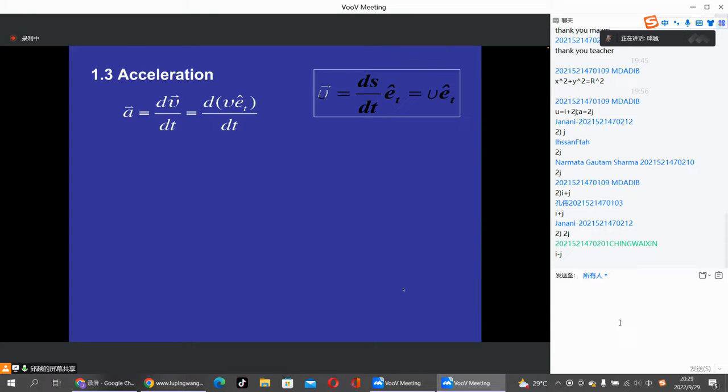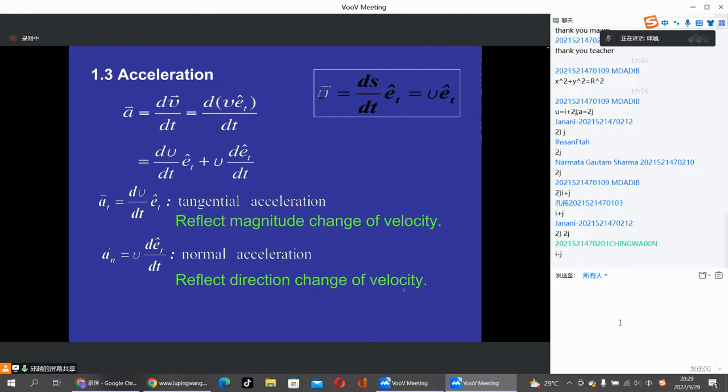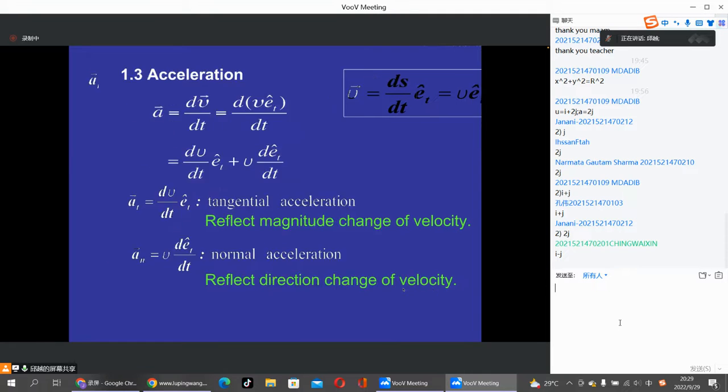And the acceleration has two terms. The first term is the tangential acceleration. It reflects magnitude change of velocity. And the second term is the normal acceleration. It reflects directional change of velocity.